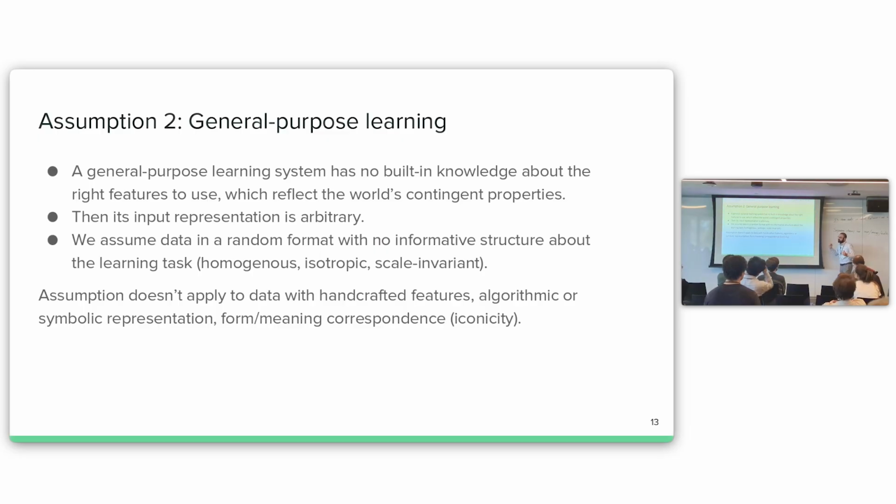If you have a general purpose learning system, the task that you're solving could be anything. You don't know what the right input encoding is. You have to learn that. And so that's the idea here: we don't start with the right decomposition of features, but with essentially an arbitrary one, which we'll model here as a random one.